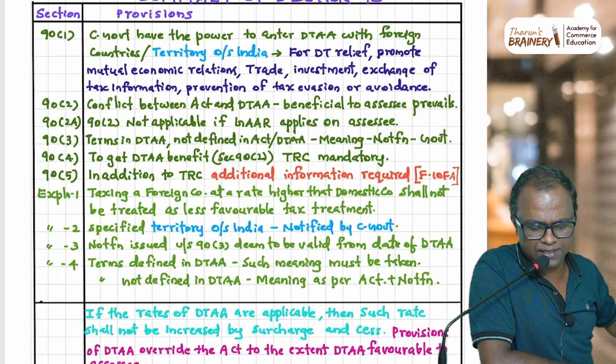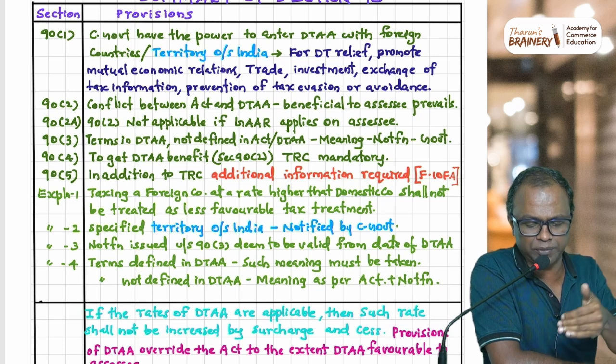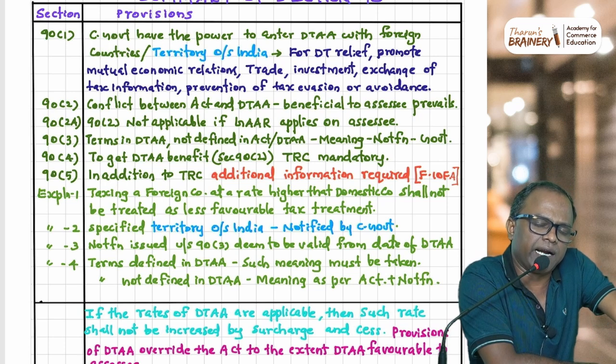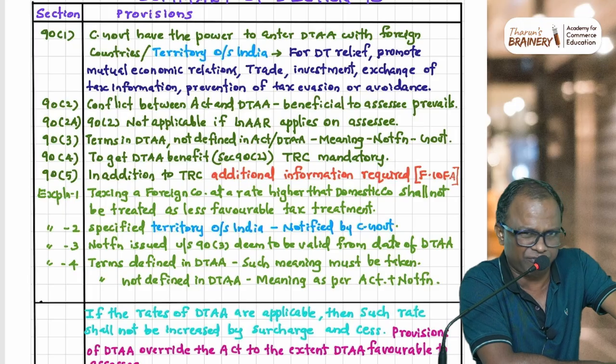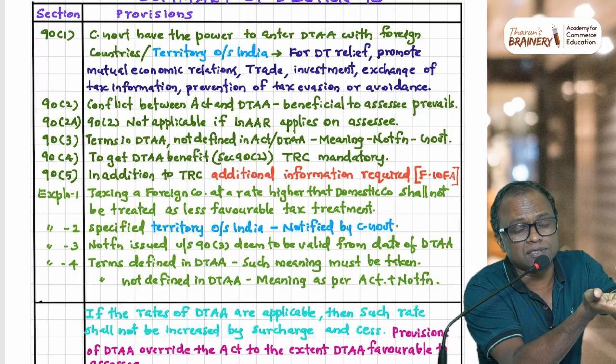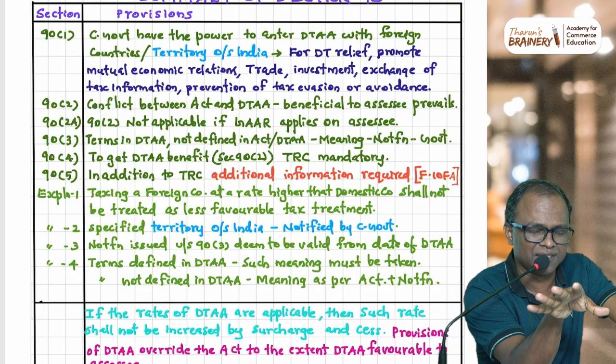Explanation 3 of section 90 says that a notification issued under section 90 subsection 3 is deemed to be valid from the date of the DTA agreement. The original DTA agreement was drafted in 1995. At that time, the word royalty was used. The word royalty used in the DTA agreement had not been defined in 1995, not in the agreement. There is no definition in the agreement. In 2005, the central government assigned a meaning through notification for the word royalty in that agreement.